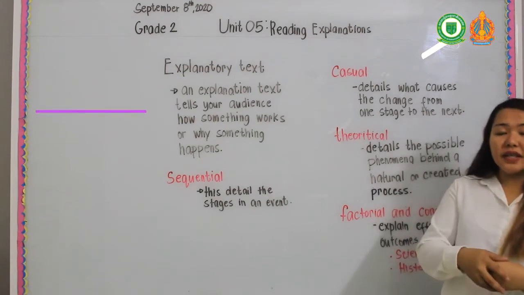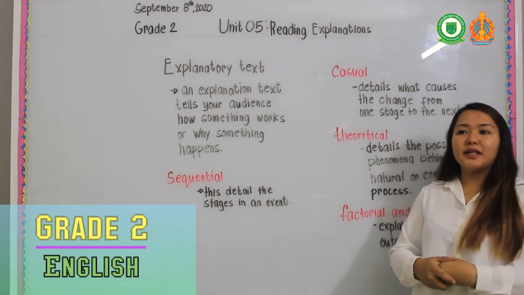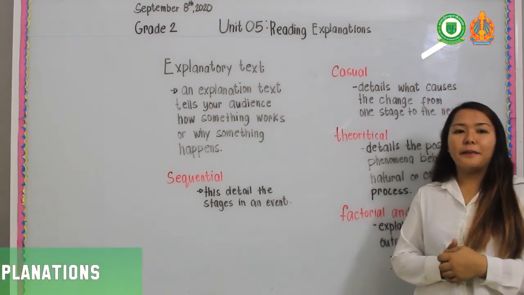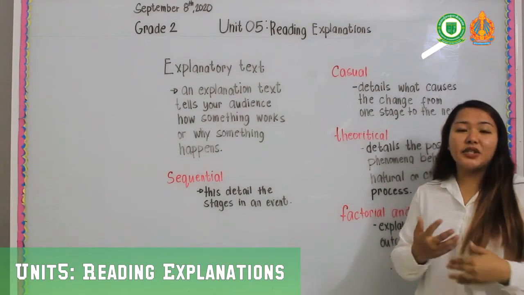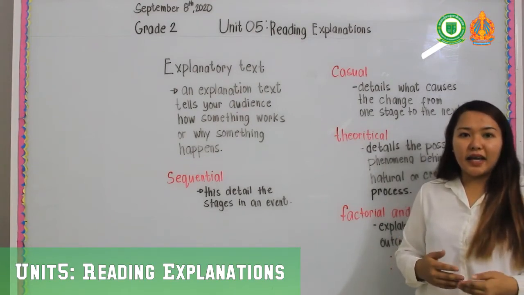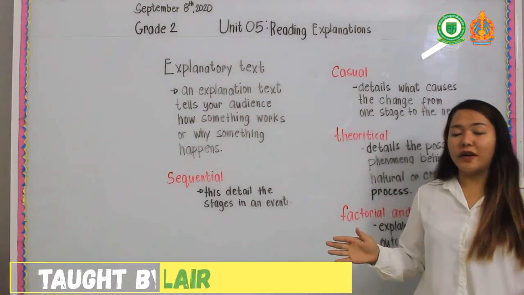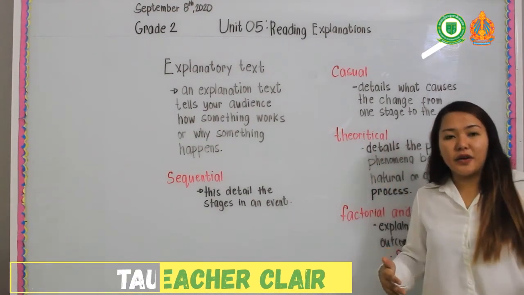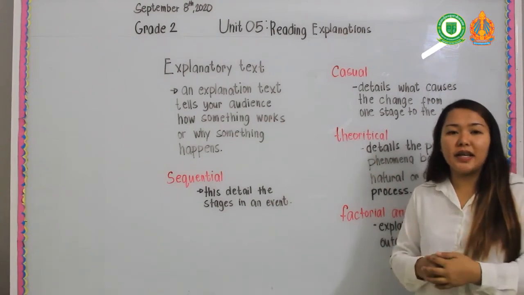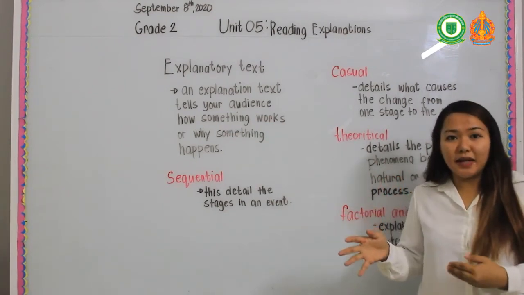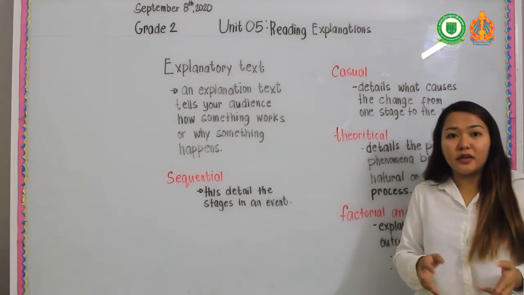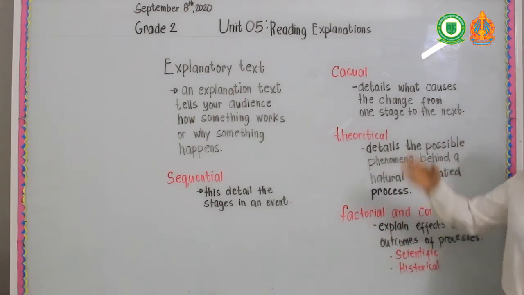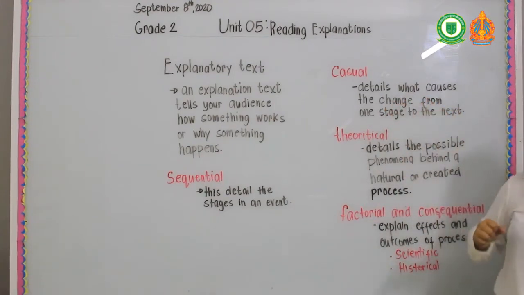We need to vote again for a president because we have to change that elected official because his term for working in that office is over. Meaning we really have to change him. We need to find another president because we cannot really choose him again to be the president. So we need to vote. We need to choose another president. So causal details what causes the change from one stage to the next.